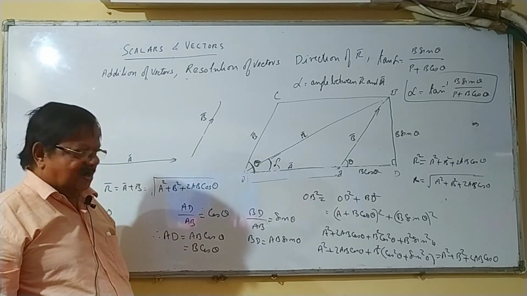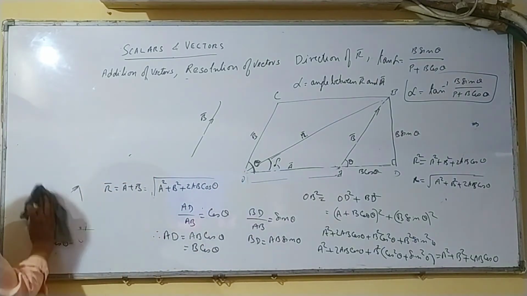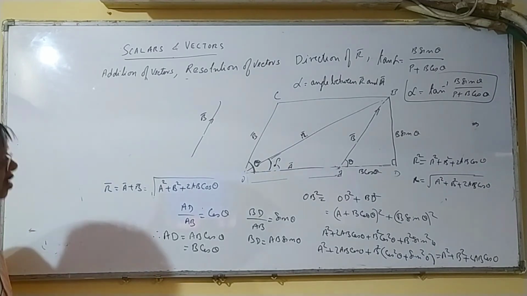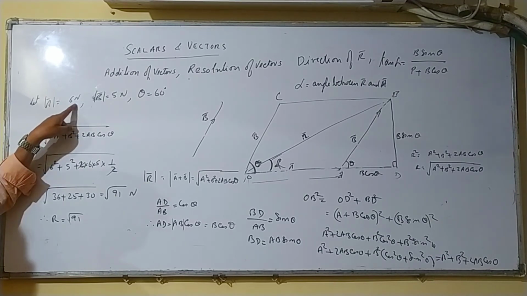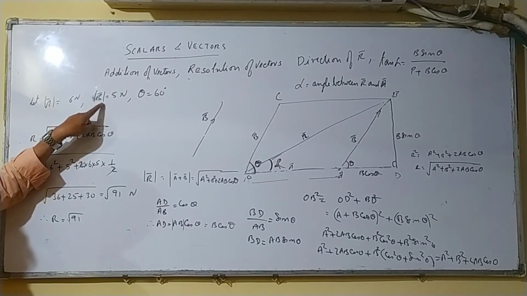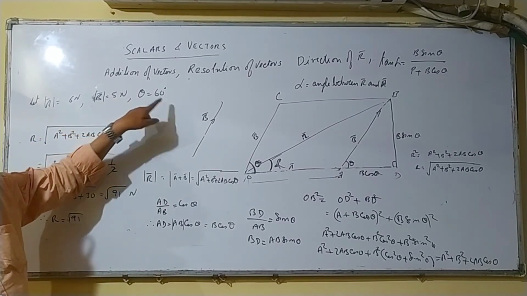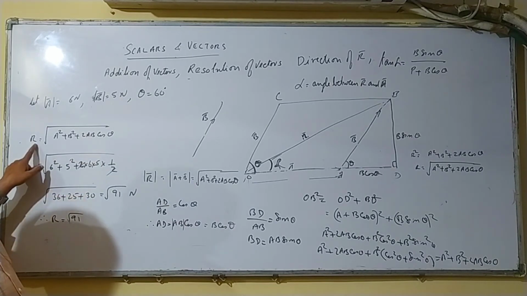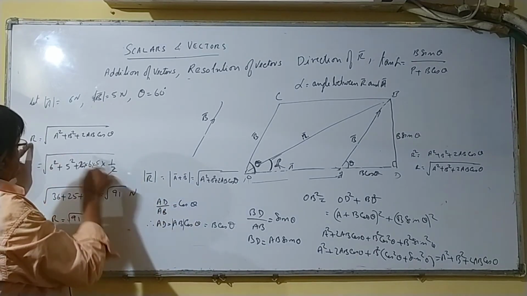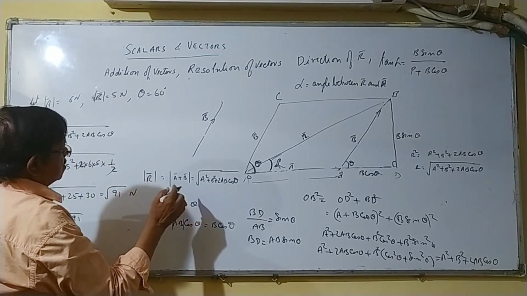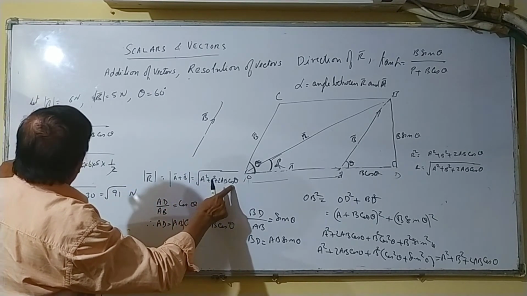Now we will take an example. Let the magnitude of A vector equal 6 Newton, magnitude of B vector equal 5 Newton, theta equal to 60 degrees. Therefore, from this formula, magnitude of R equal to square root of A square plus B square plus 2AB cos theta.